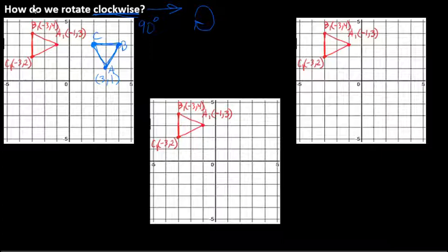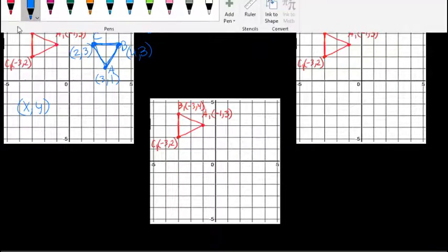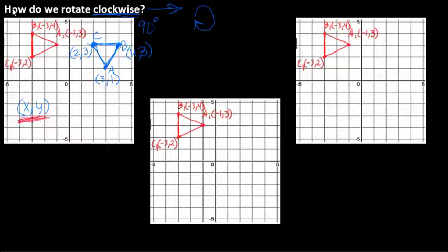B went from -3, 4 and became 4, 3. And what about C? C went from -3, 2 to 2, 3. So basically, we started out as x comma y, that's how we started out here in red, and I'll go ahead and underline in red so you can see.